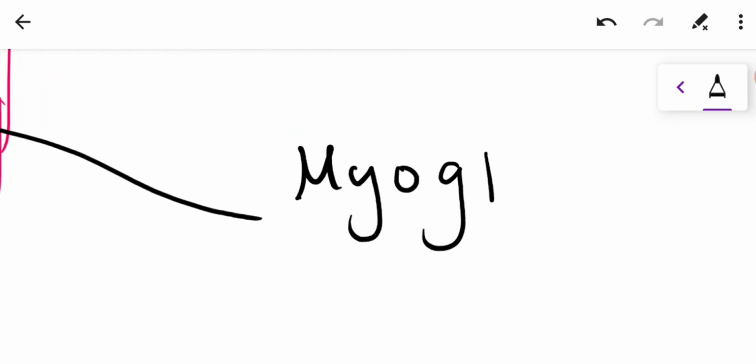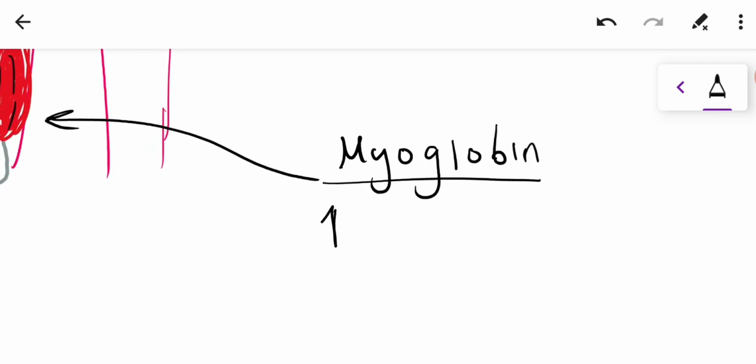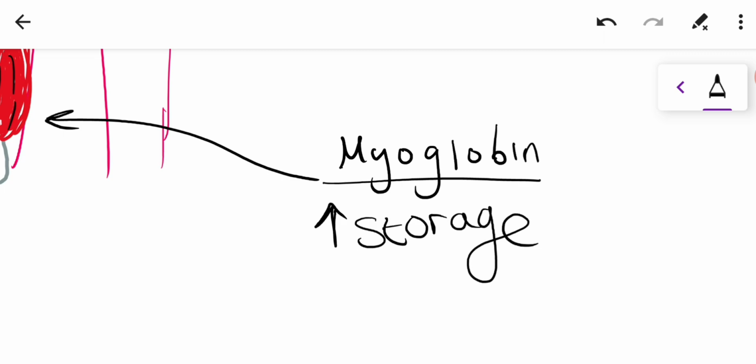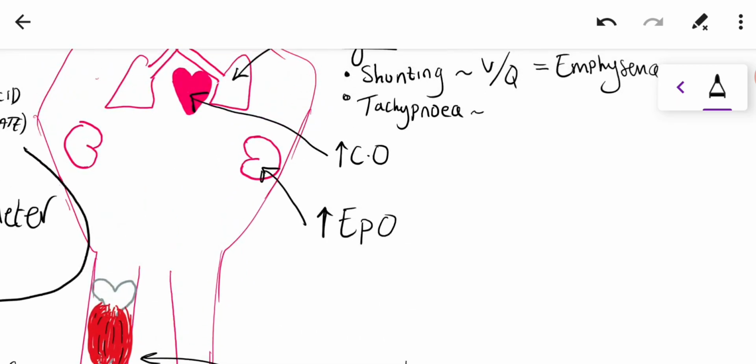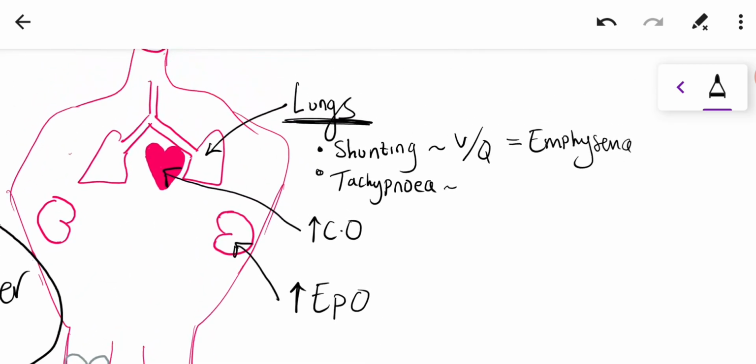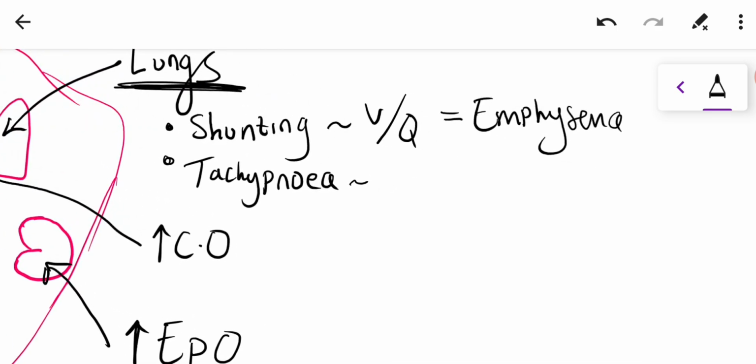Myoglobin. So maybe we could increase myoglobin so we can increase storage amounts of oxygen. So kidneys with EPO, heart, increased cardiac output, lungs, shunting or tachypnea.